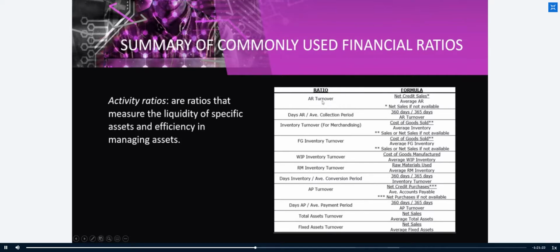AR turnover, the numerator is the related account. What's the related account for AR? That's the sales. And if it's AP, of course, the related account in the financial statement is your purchases. So like AP turnover, you have net credit purchases. What if it's inventory? So of course, it's your cost of goods sold.